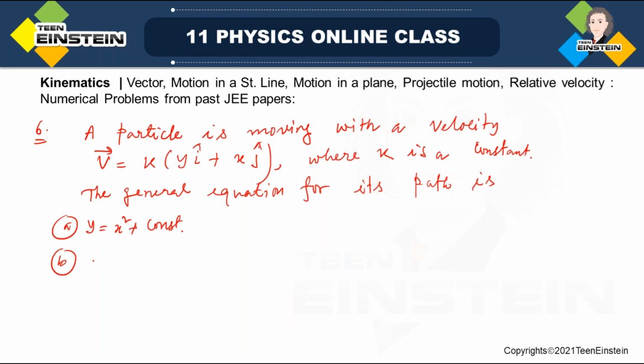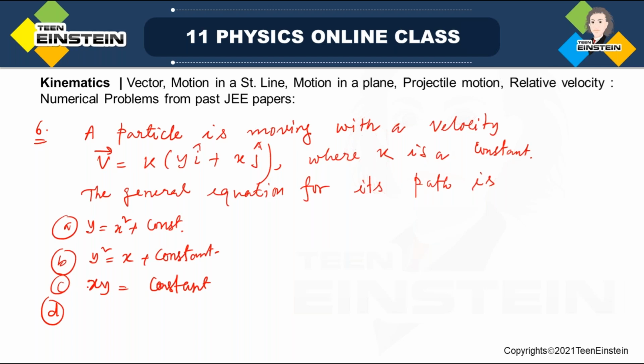Option B, y square is equal to x plus constant. Option C, xy, hyperbola, xy is equal to constant.